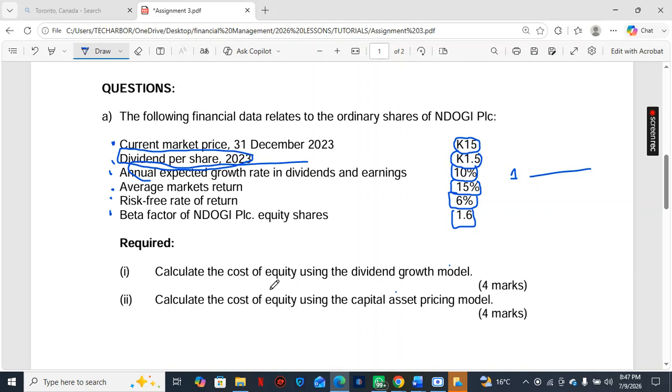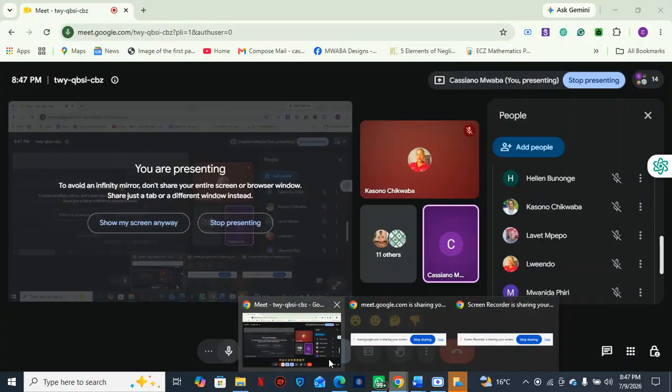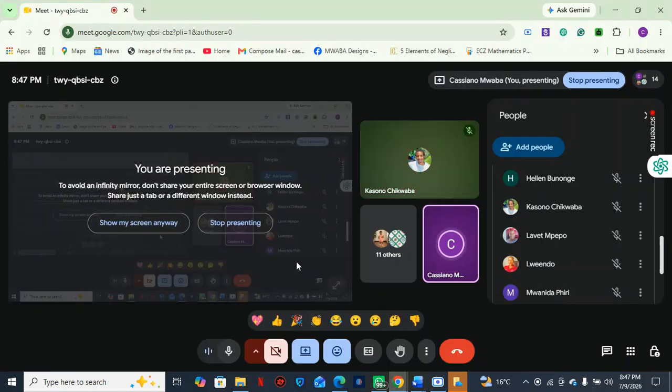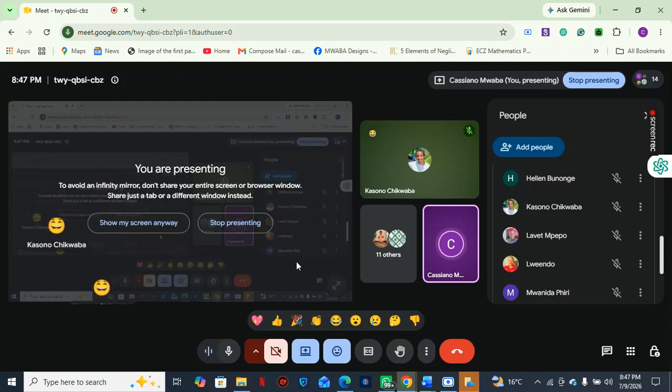Then we're going to calculate the cost of equity using the capital asset pricing model. A very important note, colleagues, remember these things forever, because in year 4, these things are coming back again. Team BBA and Team BAF, these same cost of equities, especially this capital asset pricing model, are coming back in 4th year.